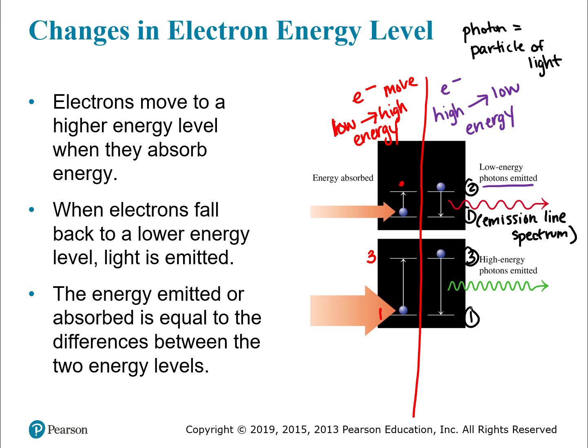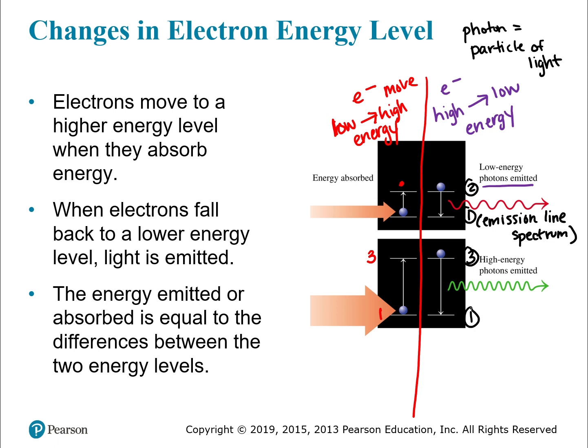Well, let me ask you a question. If I have an electron that is at energy level 7, and it then drops down to energy level 4, will it absorb a photon or will it emit a photon?